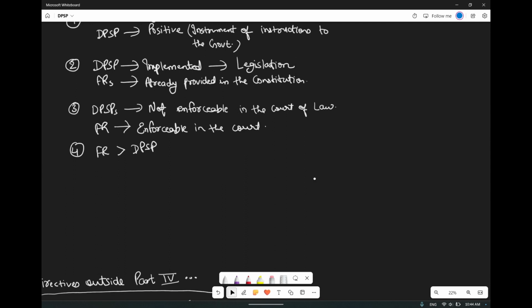Now there is a big story, big changes that have happened in history, which we'll discuss. Currently just remember that fundamental right will always have higher priority than the DPSP. There were many amendments in the past, and we'll discuss them in this lecture or in the coming sessions.